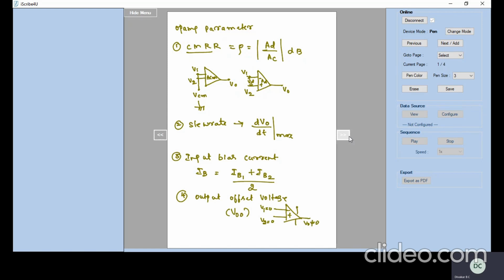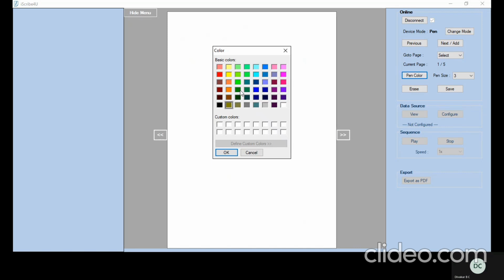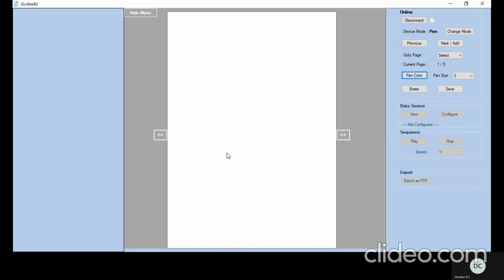The next one is input offset voltage, VIO.